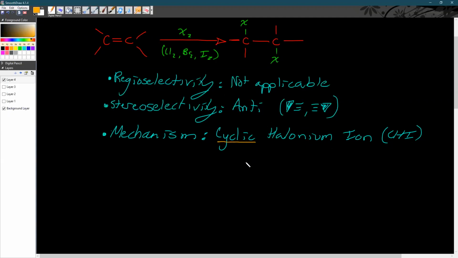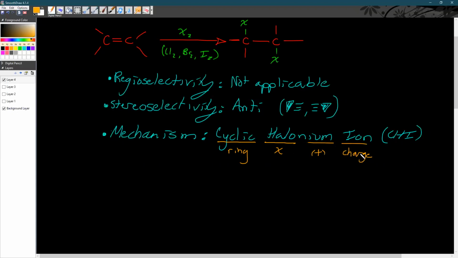So what's cyclic mean? Well, cyclic means a ring. Halo refers to a halogen. And what does this ending "ium" refer to? Where have we seen that before? Well, this is referring to a positive charge. And that makes sense because we're talking about an ion, right?